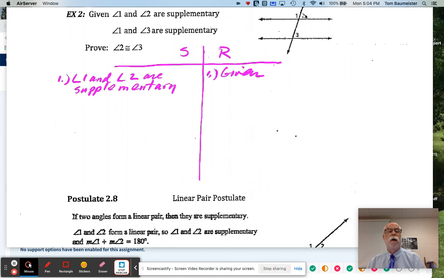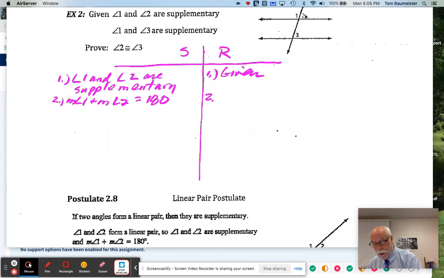So again, if they are supplementary, here's that key word again. What does it mean when two are supplementary? It means that their measures are equal to 180 degrees. So we're going to say the measure of angle 1 plus the measure of angle 2 is equal to 180 degrees.